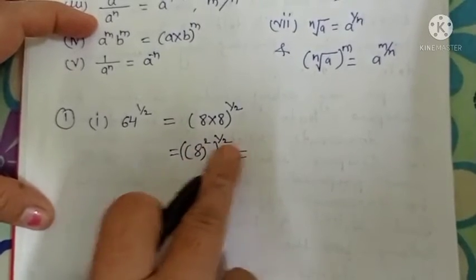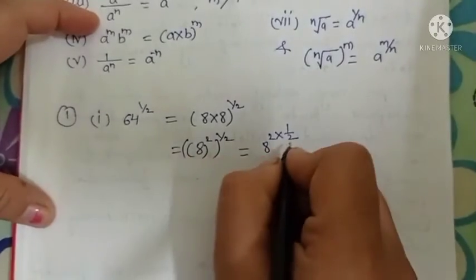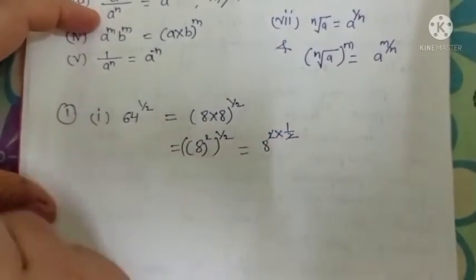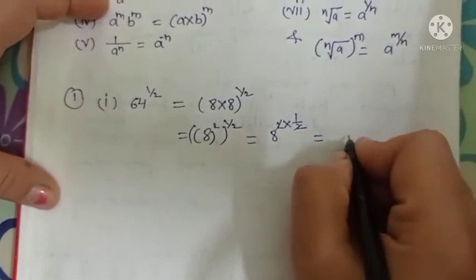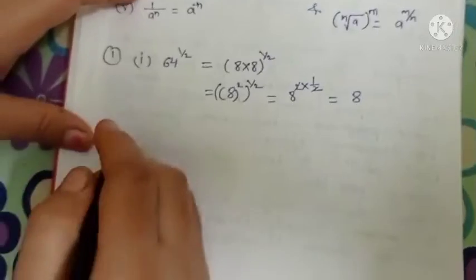Power over the power, so powers are multiplied, 2 into 1 upon 2, and 2 is cut by 2, and we get 8 to power 1, it means 8.